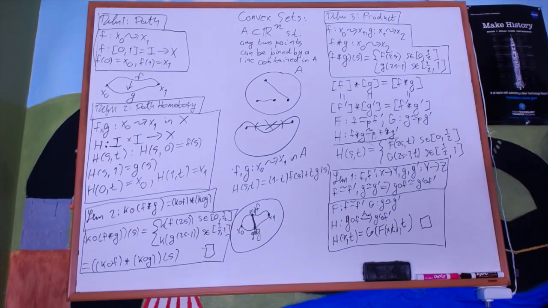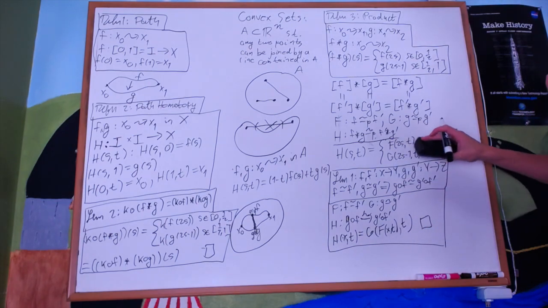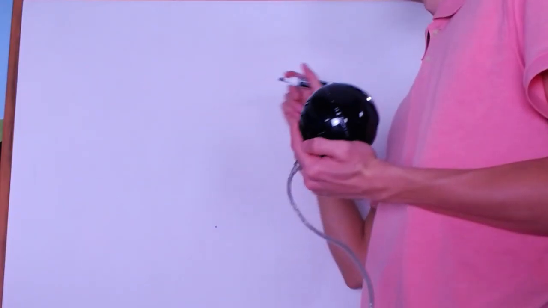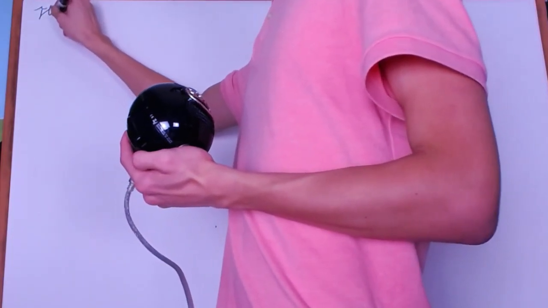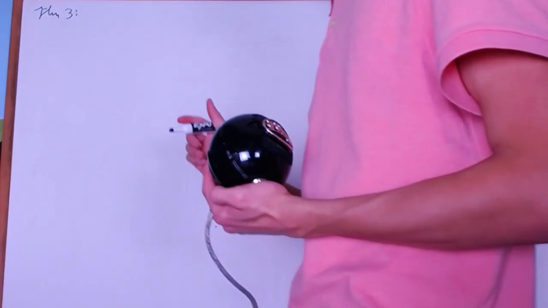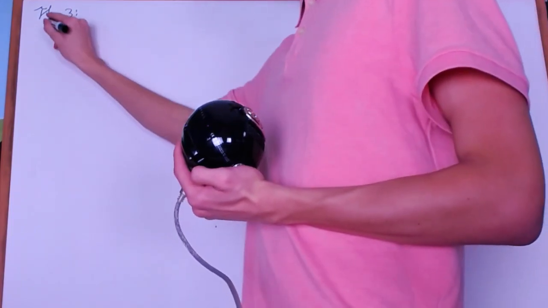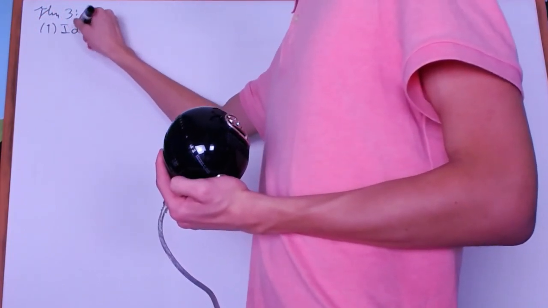Now let's go ahead and move on to the main theorem of this video, which is going to be very cool and very important. The theorem that I'll be proving, the most important theorem of this video, is going to be the properties of the product. Namely, that it has an identity.